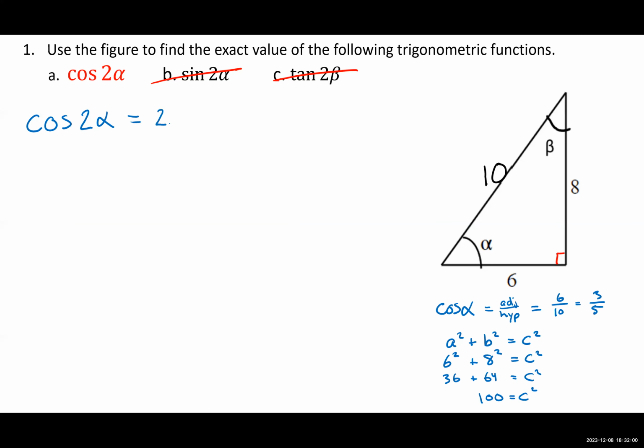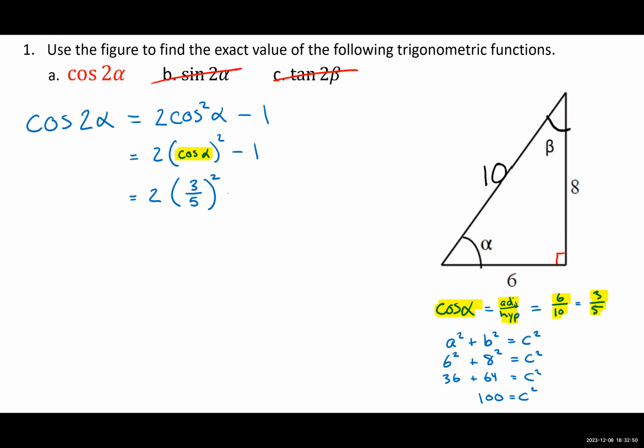So I'll say 2 cosine squared alpha minus 1. We could write that as 2 times the cosine of alpha squared minus 1. And if the cosine of alpha is adjacent over hypotenuse, which is 6 over 10, which reduces to 3 over 5, well, that's right here, cosine of alpha, 3 over 5. So that becomes 2 times cosine of alpha, which is 3 over 5.